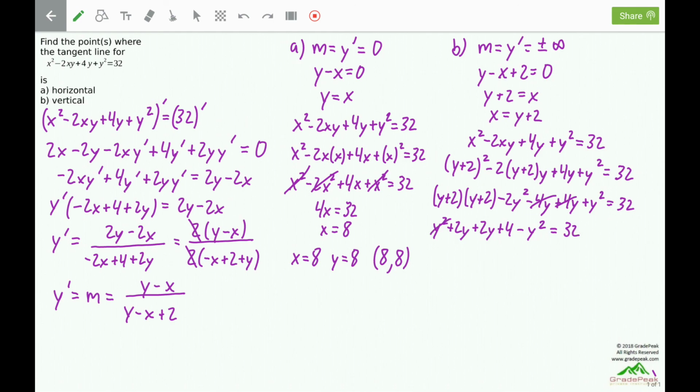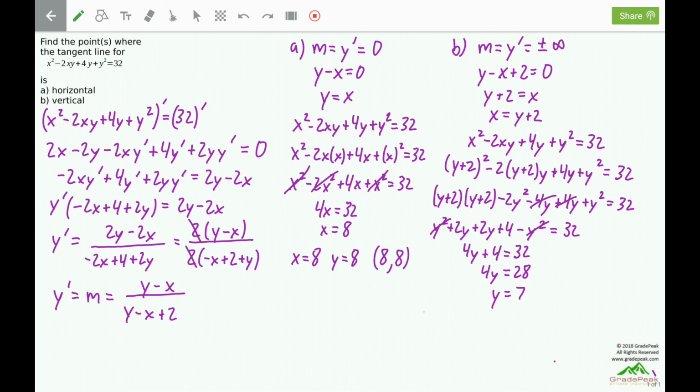The y squareds can cancel. The two 2y's can combine, so we have 4y plus 4 equals 32. Subtract 4 from both sides, so 4y equals 28. Divide both sides by 4, so y equals 7.